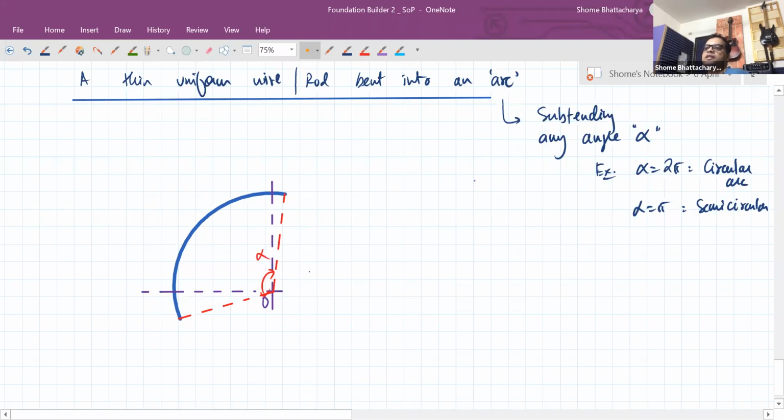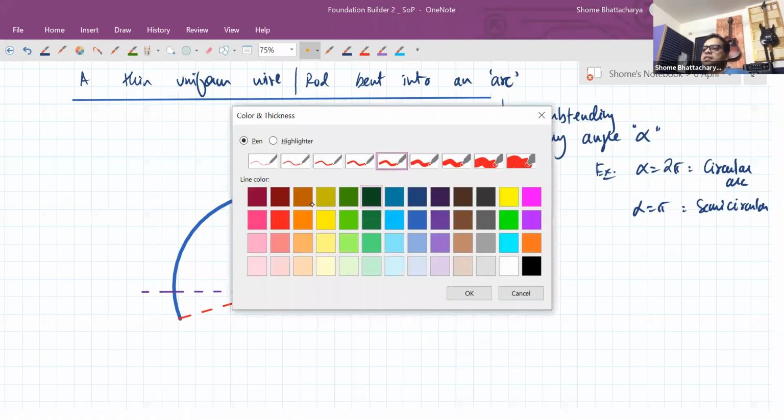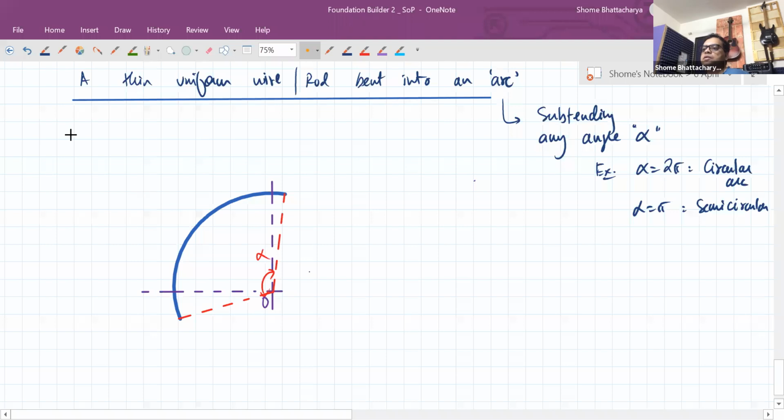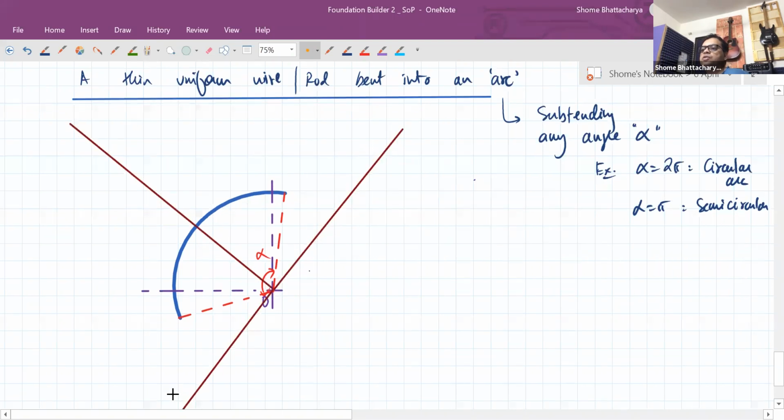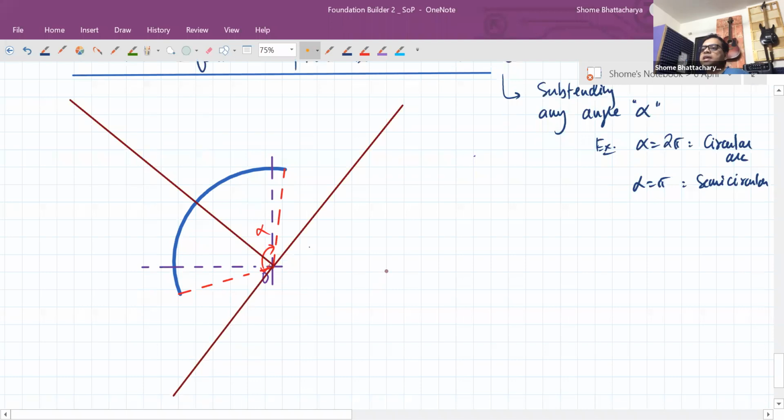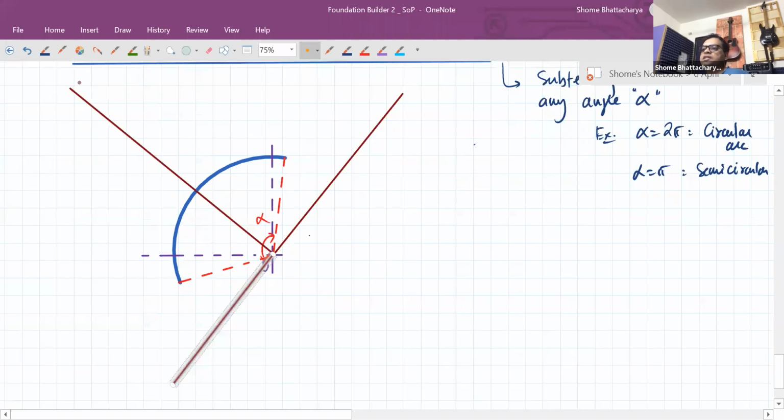Once you have this, now we'll have to identify the symmetry line. Which is going to be the symmetry line? The one that bisects this angle. So that is, roughly speaking, this one. And we can take the perpendicular to this as our other axis. So we will just assign our x and y axes accordingly, because it's more convenient to take the bisector as our y axis or our x axis.